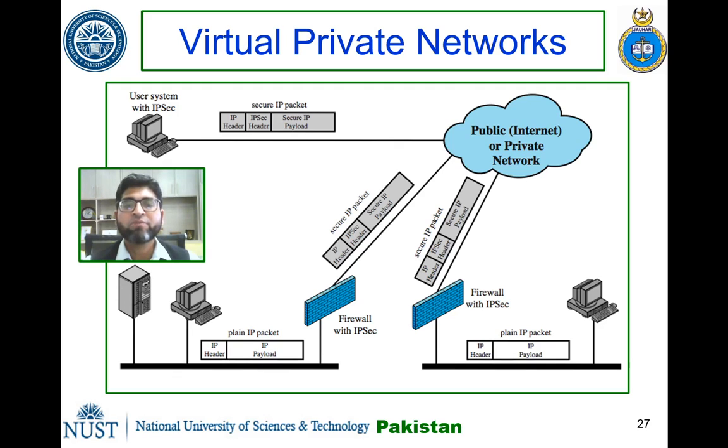A logical means of implementing IPsec is in a firewall, as shown in this figure. If IPsec is implemented in a separate box behind, internal to the firewall, then VPN traffic passing through the firewall in both directions is encrypted.